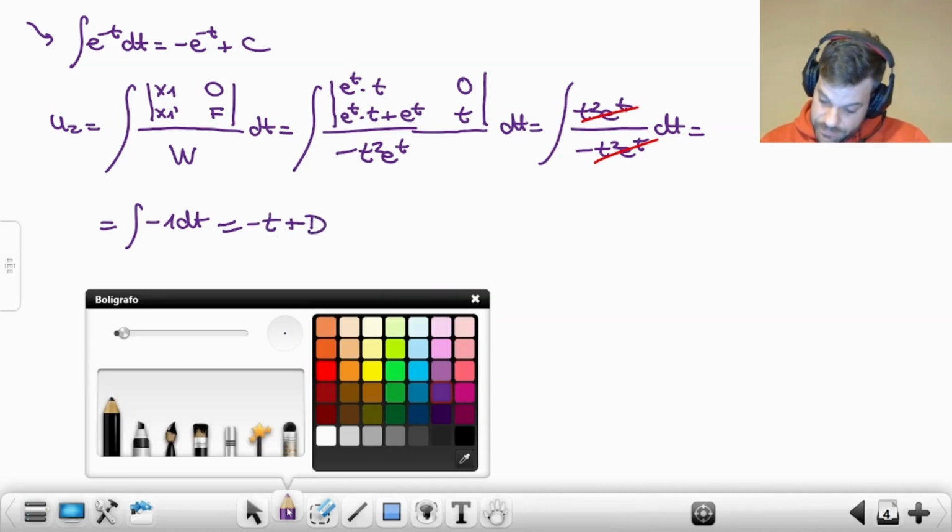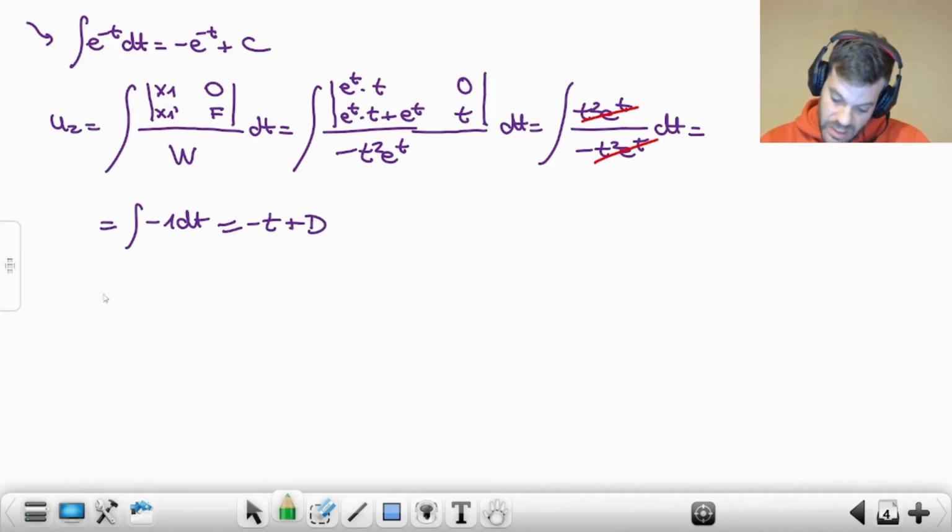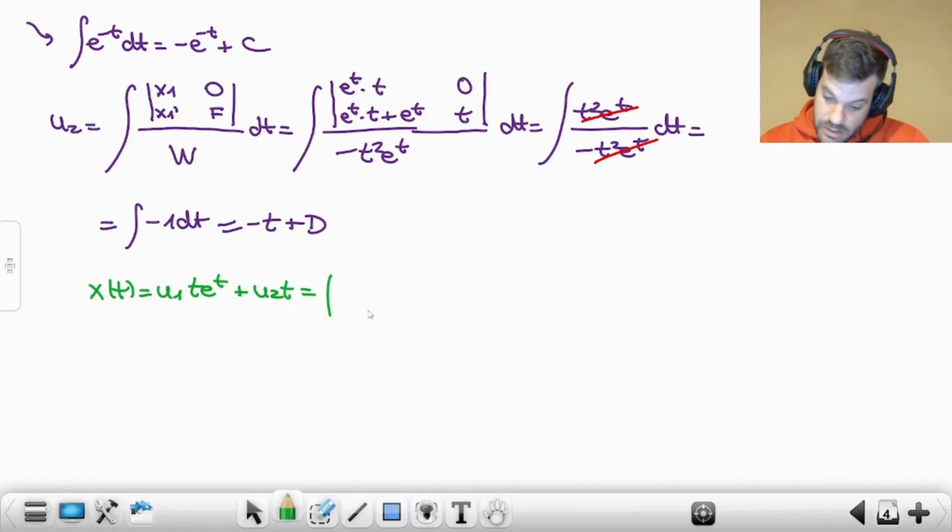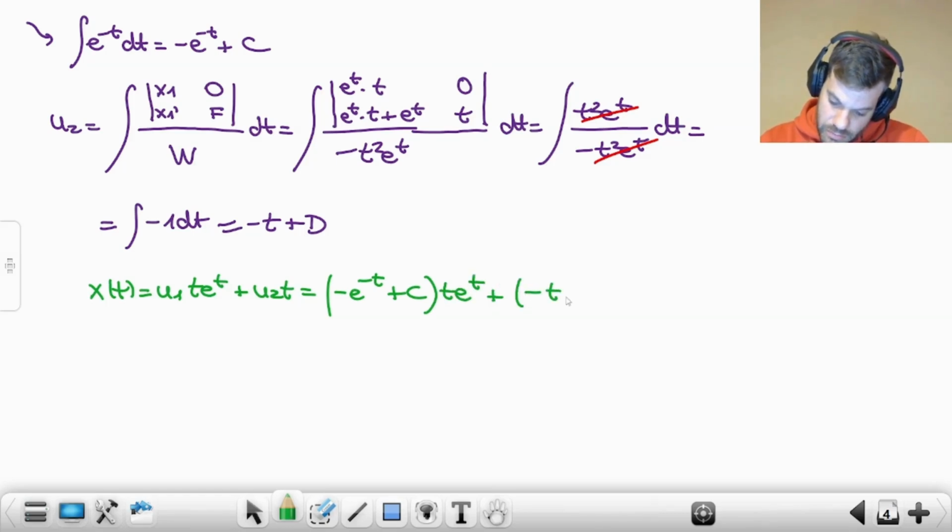So finally, the global solution would be u1 times t e to the t, the first homogeneous solution, plus u2 times t. So more specifically, u1, which was, here we have it, minus e to the negative t plus constant times e to the negative t, plus u2, minus t plus d, times t.